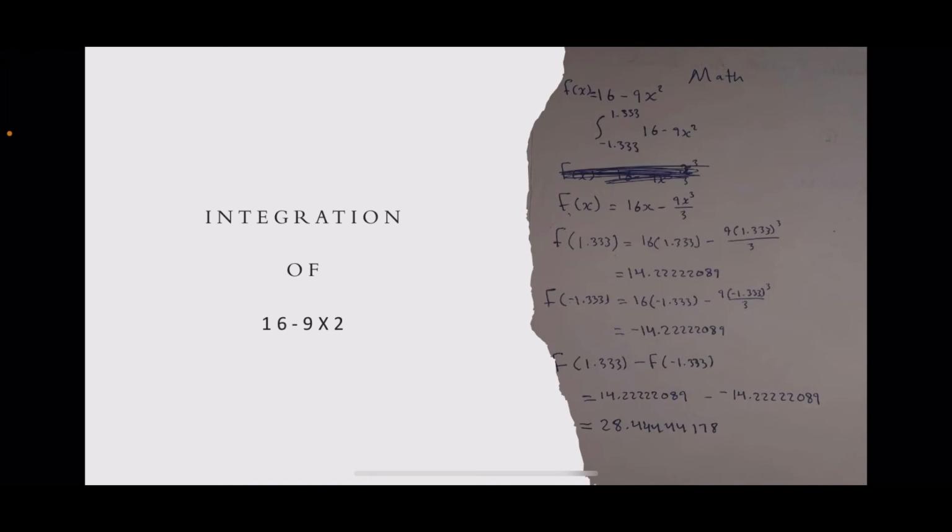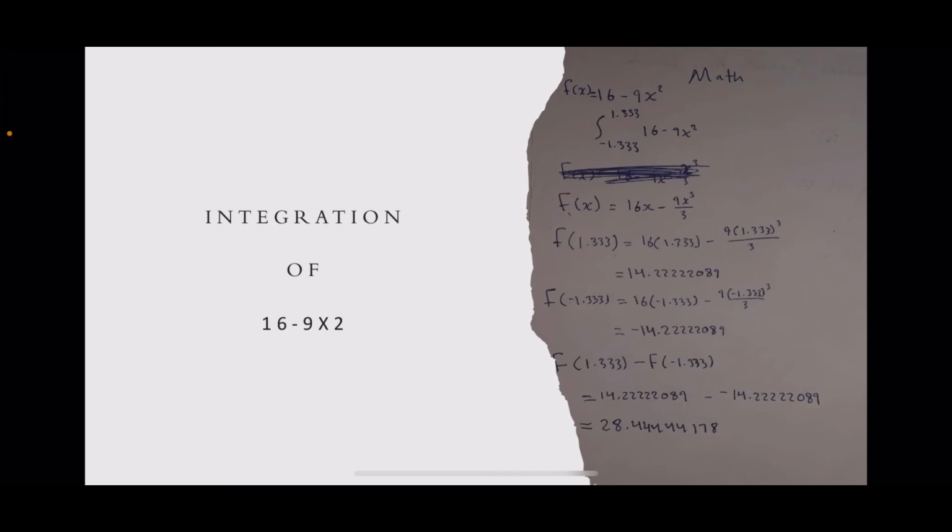Now we're going to simplify the equation. f of x equals 16x minus x cubed over 3. f of 1.333 equals 16 multiplied by 1.333 minus 9 multiplied by 1.333 over 3, equal to 14.22.